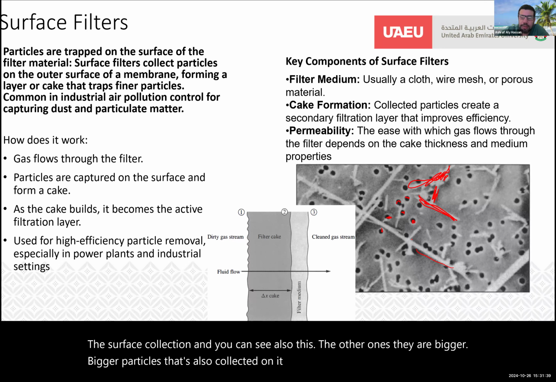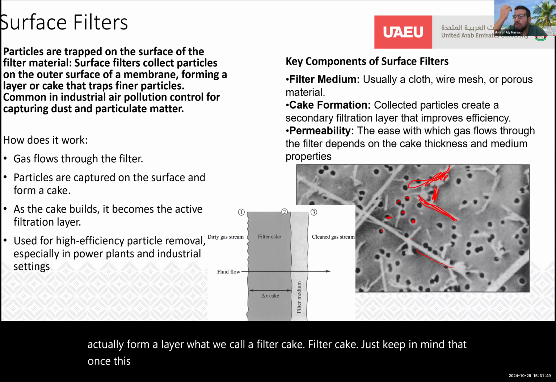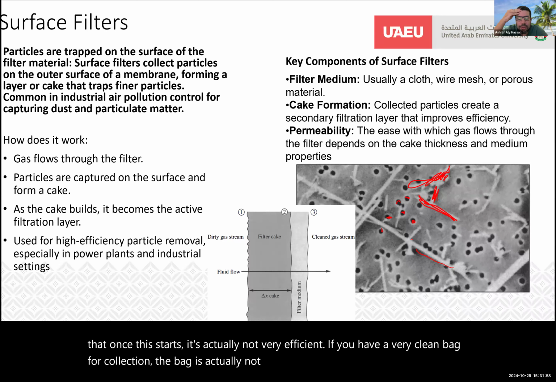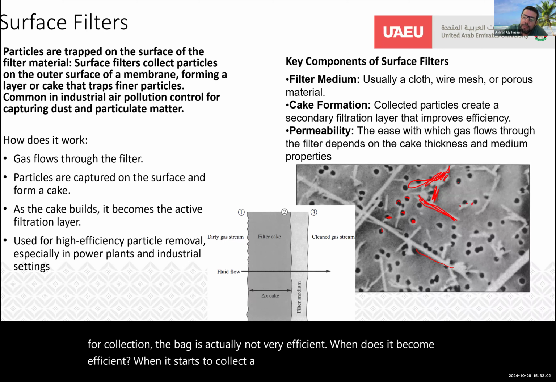While they are being collected, they actually form a layer, what we call a filter cake. Just keep in mind that once this starts, it's actually not very efficient. If you have a very clean bag for collection, the bag is actually not very efficient. When does it become efficient? When it starts to collect a lot of dust on the surface.